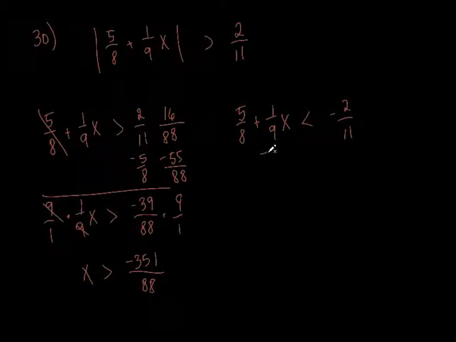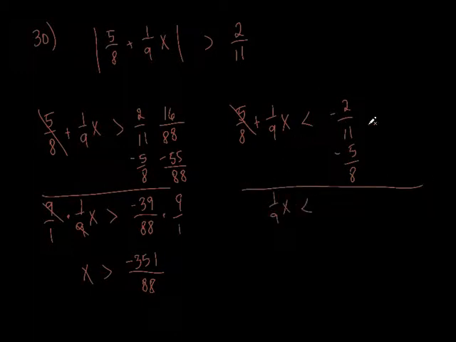Let's do this part. Let's subtract the 5/8 again, but this time we have a negative. So it's 1/9 x is less than. Common denominator, same exact thing, isn't it? That's times 8, that's times 8. But look, that's a negative 16 this time. And this is still negative 55. So now we have to add those up. So that's negative 71 over 88.